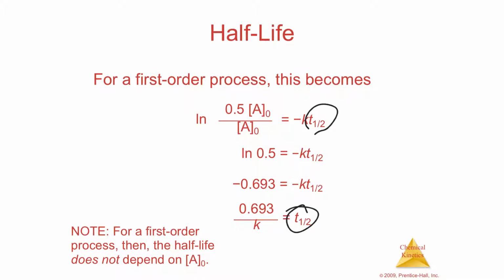How much time does it take to go from 1/2 of it? I just kind of forced it, and we realized that it's going to be 0.693 divided by the rate constant, and that is the time it takes half of the material to decay.